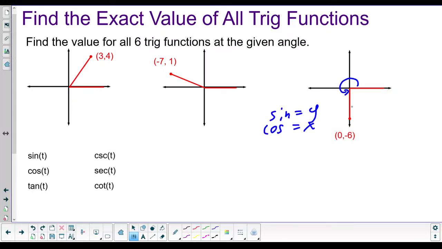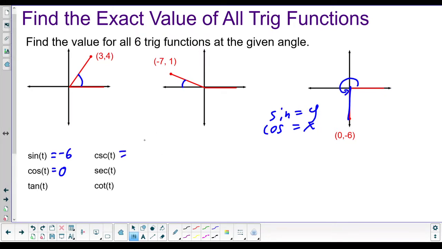So here, we don't have an angle, right? Like there's no angle because it's just straight down. So the way we want to do this one is cosine is just your x. So because we have gone 0 in the x direction, cosine is 0, and then sine is the negative 6.